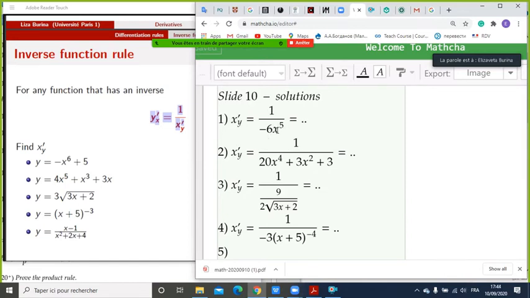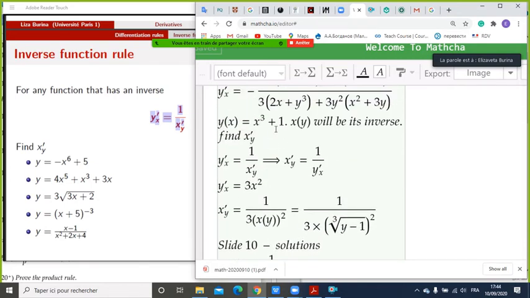And obviously here x is not just x as a variable. It's a function of y that we're supposed to write here. So exactly the same way as I did here. I said, okay, y prime of x is equal to 3x squared. So here what I did first, I did not find an inverse.